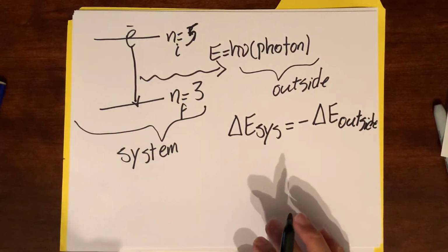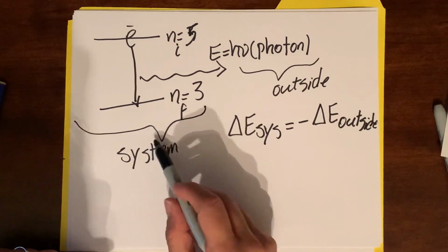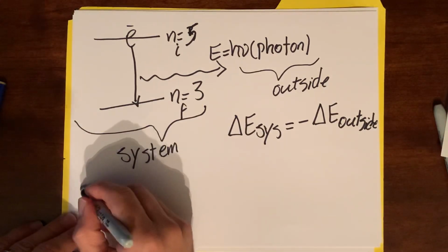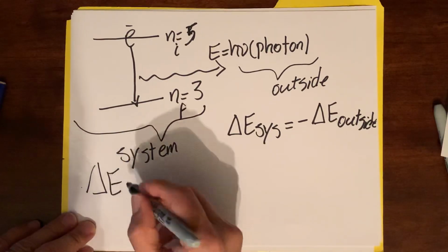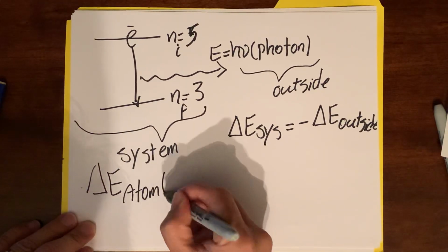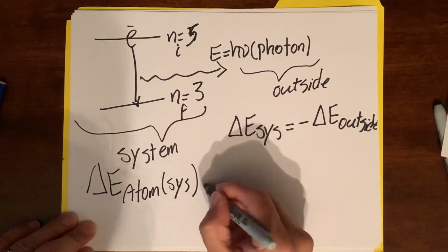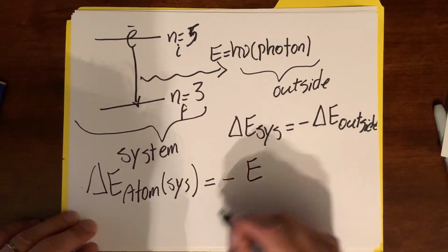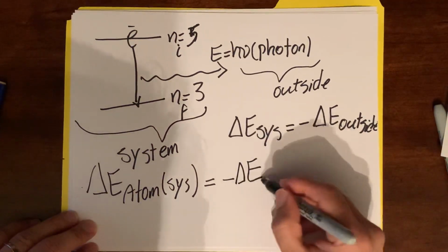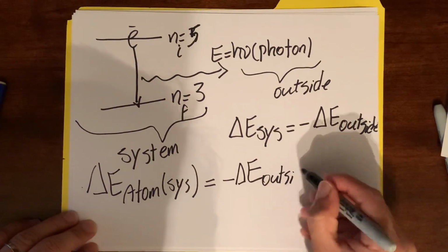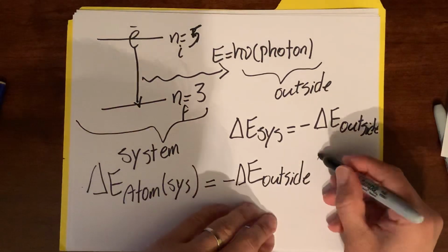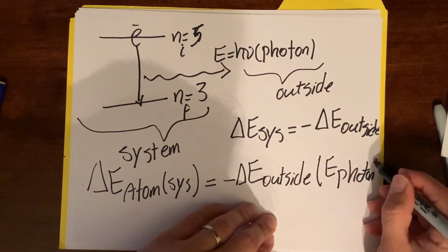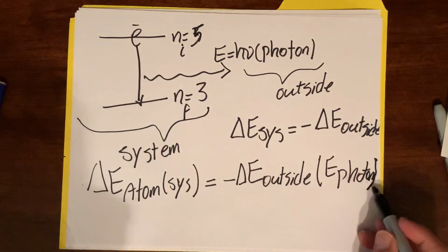Now you treat this one, as I said, as a system, and it's your atom. So you say the change in energy of the atom is going to be equal to minus the change in energy of the outside, which is equal to the energy of the photon.